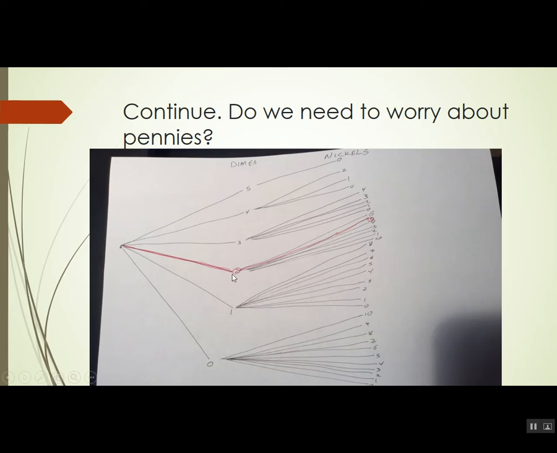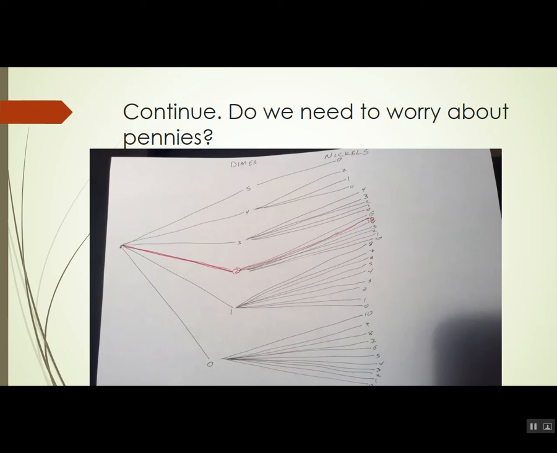In red here, we've got, from the root, 2 dimes and 5 nickels. Now 2 dimes is 20 cents, 5 nickels is 25 cents, so that's a total of 45 cents. Now the only thing you have left are pennies, so you know that from each one of these on the right, there's only going to be one more branch, one direction.